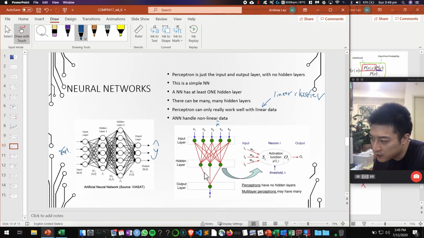And that output comes here, and it feeds into here. Now the output layer takes in 3 inputs, and a weight will be applied to each of them, and then they'll feed into its own activation function, and then that will spit out the output, right? So each one of these little guys is a perceptron, and they'll have their own activation function, and each one of these red lines will have its own weight, the strength of the neural connections.